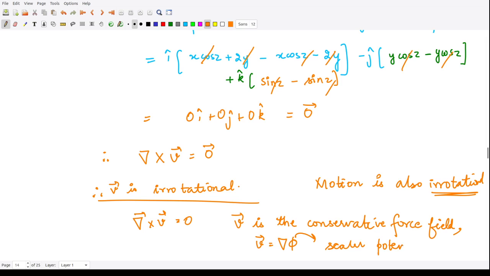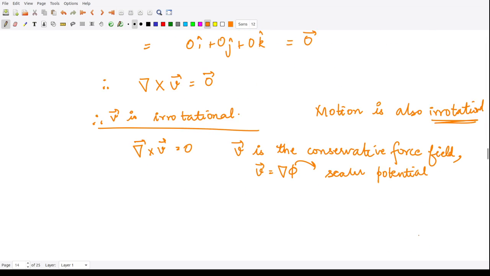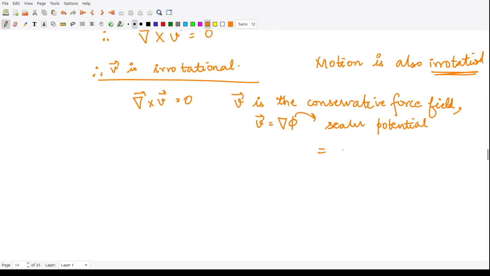And basically we are calculating this quantity for velocity, so we can call this the velocity potential.